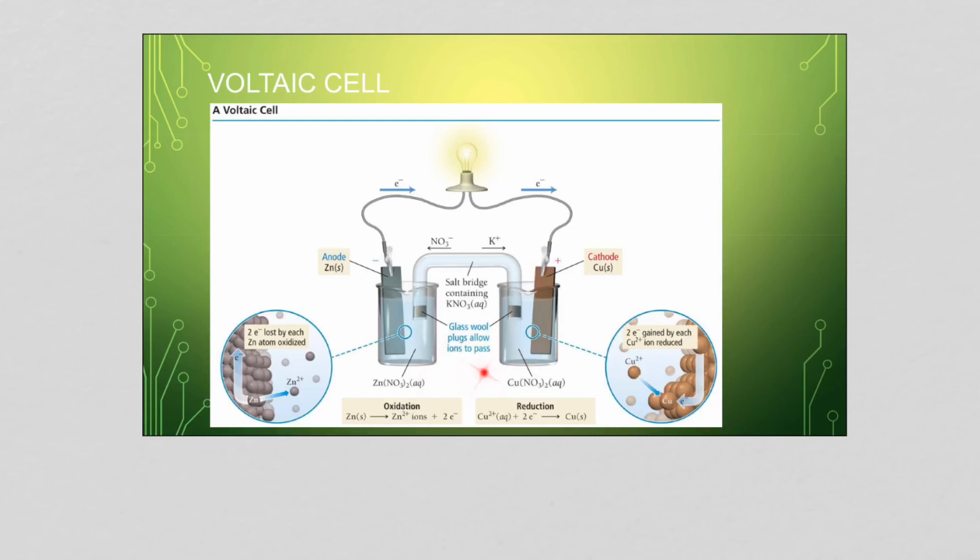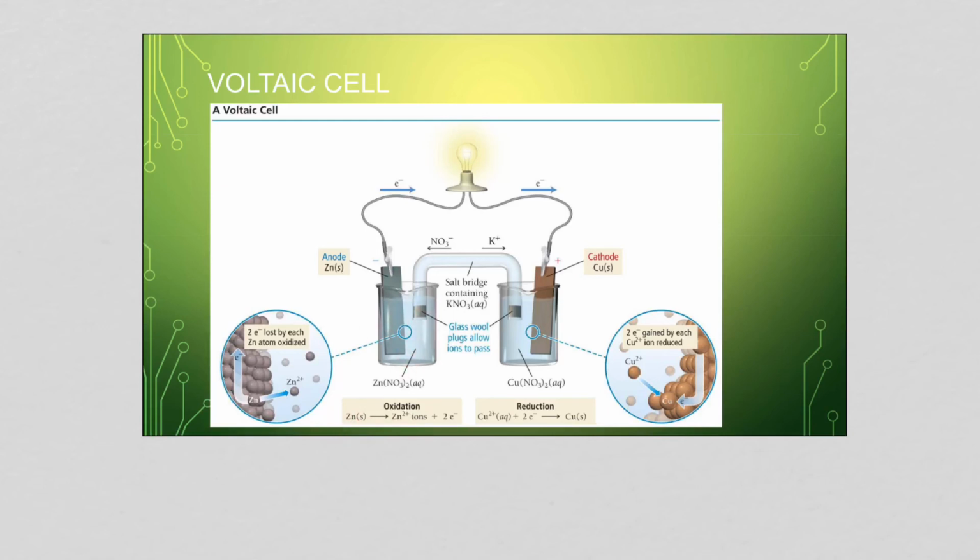Two half cells. We have the oxidation cell here that has our anode being made out of the metal that is being oxidized, the zinc. Now, we have to have a solution here.